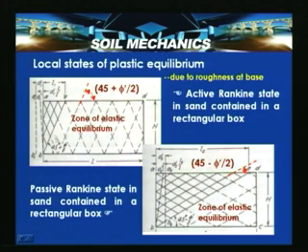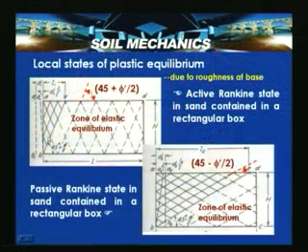This particular portion is nothing but the failure wedge, and these are the slip lines. Because the soil is homogeneous, we can have slip lines in both directions. The slip lines are indicated in this direction, and the line inclination is indicated by 45 plus phi by 2, 45 plus phi dash by 2.